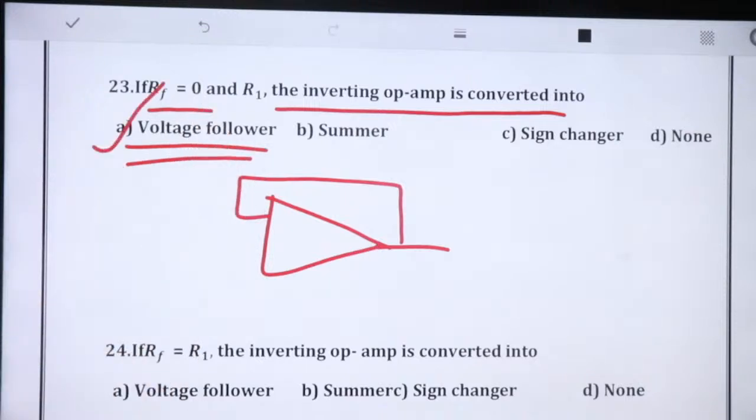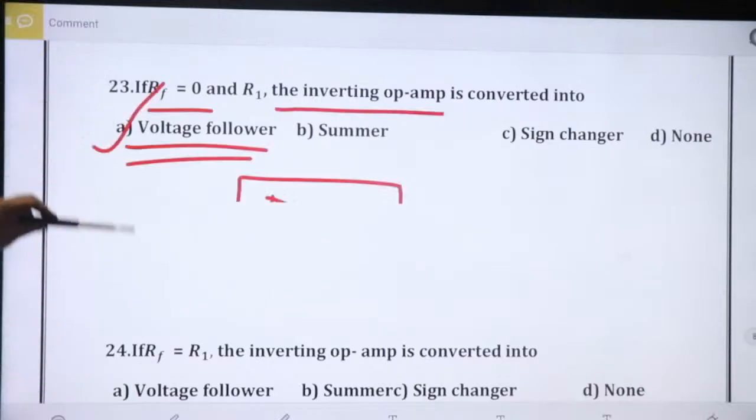This circuit is like a voltage follower.